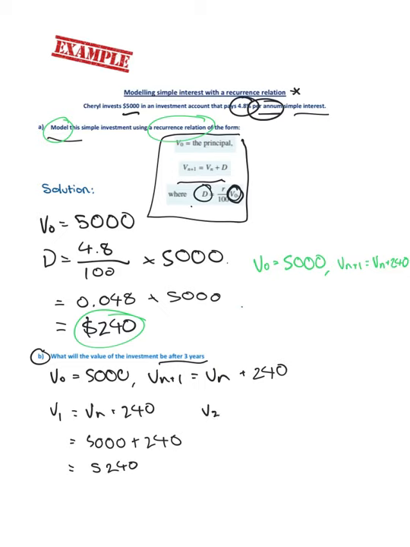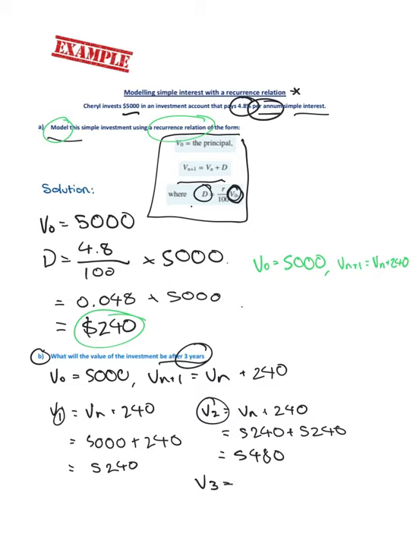Our second year is going to be Vn plus 240 again, where Vn is our previous term V1, so 5,240 plus 240 equals 5,480. Right, that's our second term, and we want to know after 3 years.